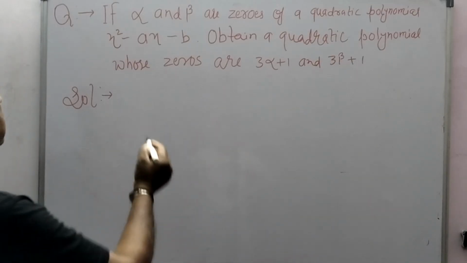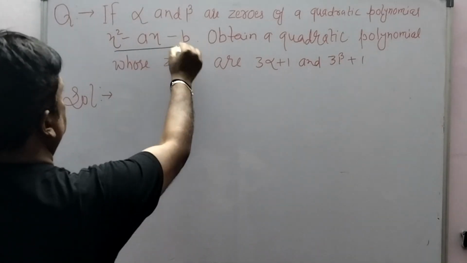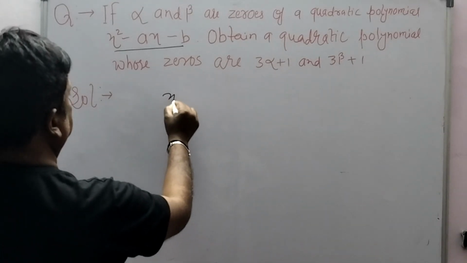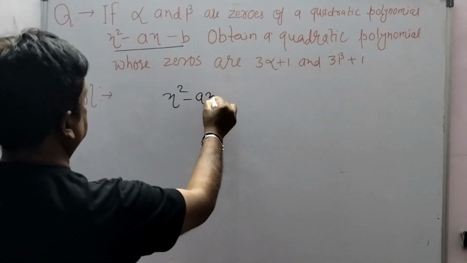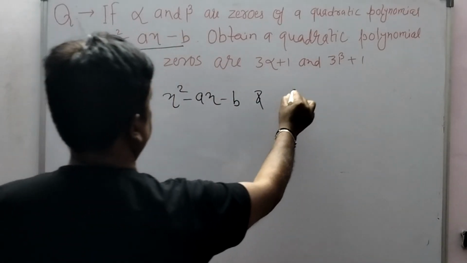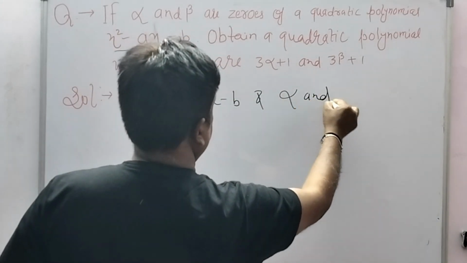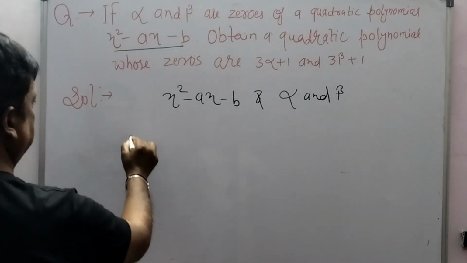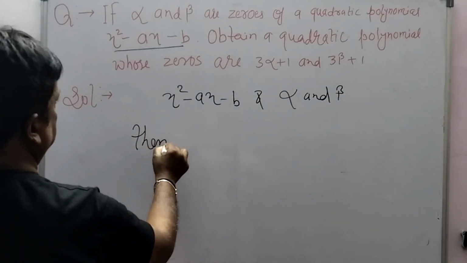What is given? First, the quadratic polynomial given is x square minus ax minus b, and the zeros, or roots, given are alpha and beta. Then what do we know about alpha plus beta?